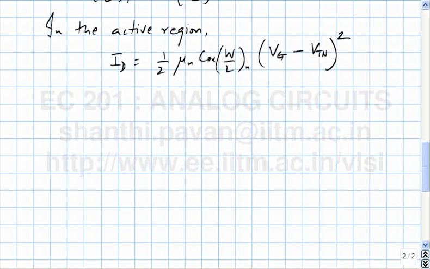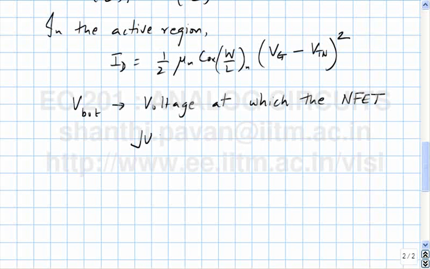V bottom is the voltage at which the NFET or the NMOS transistor just enters the triode region. And what is that?